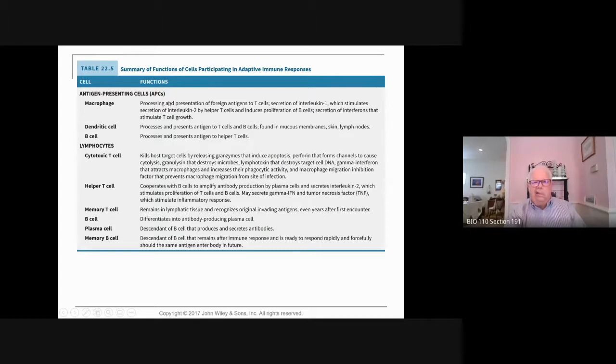They present the cell or the bacteria to the B cells or the T cells. The lymphocytes, cytotoxic T cells, they kill things. Helper T cell, this is a CD8 cell. The helper T cell is a CD4 cell. It cooperates with B cells and allows them to stimulate the immune response by producing antibodies.